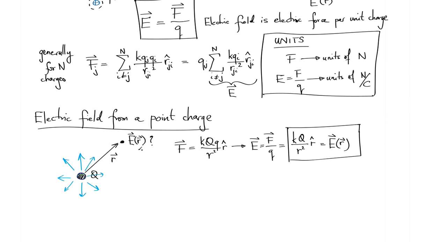And then, of course, I'll make the length of the vector roughly equal to the strength of the field, because we see here that the electric field is dropping off as 1 over r squared, just like the force does. Then, the farther we get away, the weaker the field, right? So it would look something like this. So that's basically what the electric field from the point charge looks like.